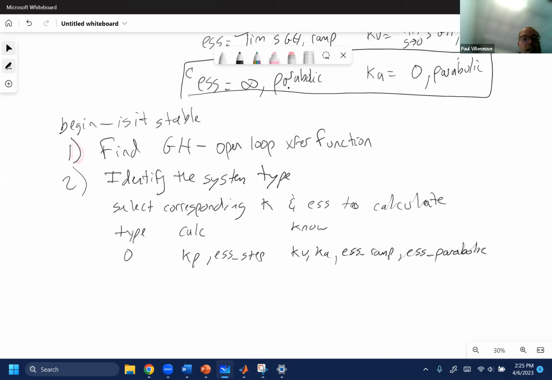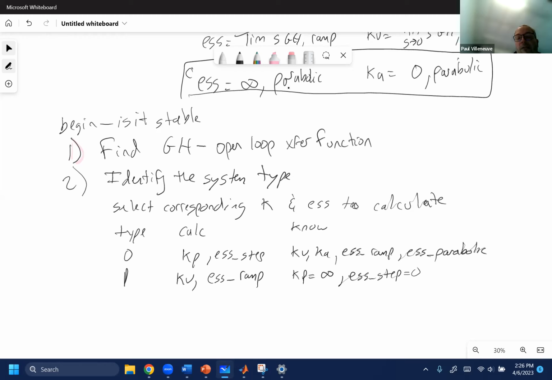Okay. If it's a type 1 system, you're going to calculate your velocity constant K sub V and your ESS for a ramp input. My K sub P I know is going to be equal to infinity, and my ESS for a step is going to be equal to 0.